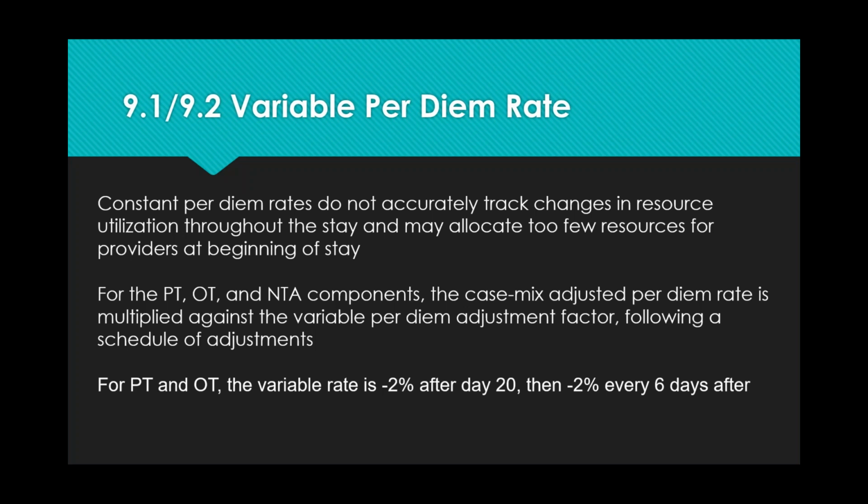For PT, OT, and NTA, or non-therapy ancillary service components, the case mix adjusted per diem rate is multiplied against a variable per diem adjustment factor, following a schedule of adjustments. For PT and OT, the variable rate is less 2% after day 20, and then it also decreases 2% every 6 days thereafter.